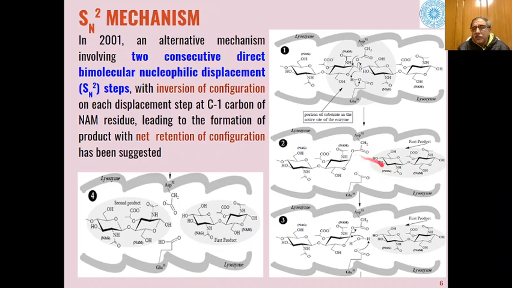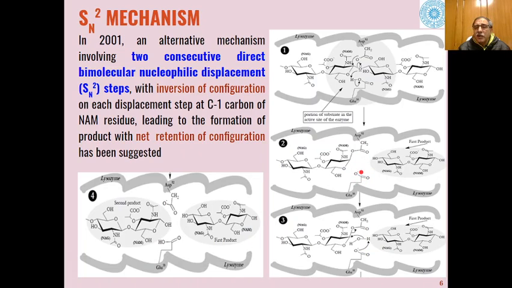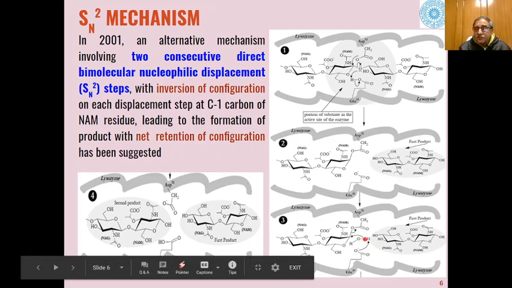In the first SN2 reaction, the aspartic acid active site will attack this carbon to break the carbon oxygen bond, and at the same time the other group will abstract this proton, and we will get the first product eliminated. The enzyme active site has now formed a covalent bond with the substrate. In the next step, this will interact with the nucleophile, hydrolytic water, and the nucleophilicity of water will be increased by the glutamic acid active site.